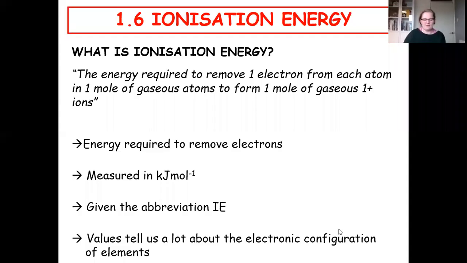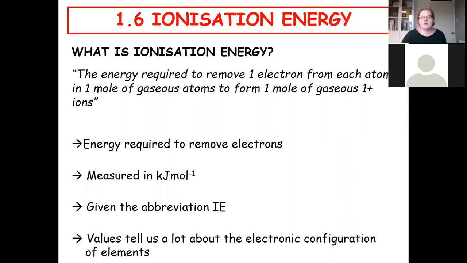Okay, so we're going to have a look at ionization energy. We finished last session with ionization energy, and we're going to look at it a bit more. Ionization energy is the energy that we need to remove one electron from an atom.